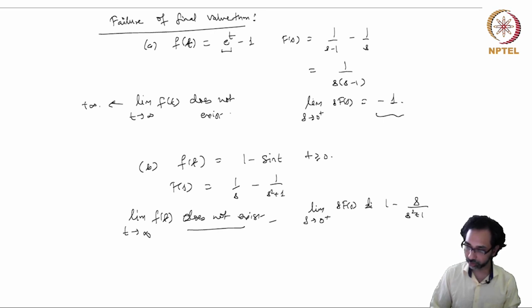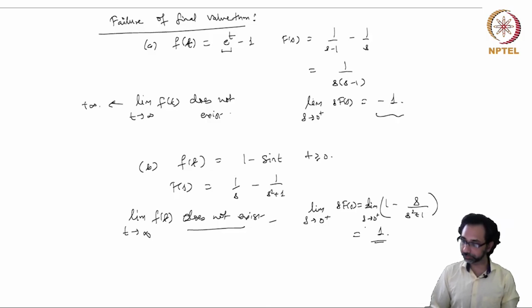So you take the limit as s goes to 0 plus of this, and here you get 1. So you can see here that the final value theorem also does not hold, where the limit as t goes to infinity does not exist, it's oscillating, but on the other hand the limit as s tends to 0 of sF(s) is finite.